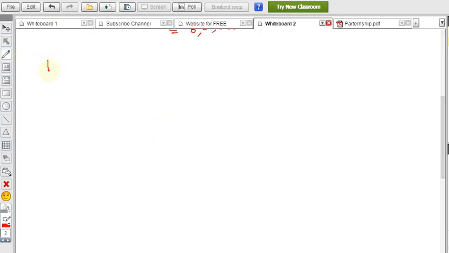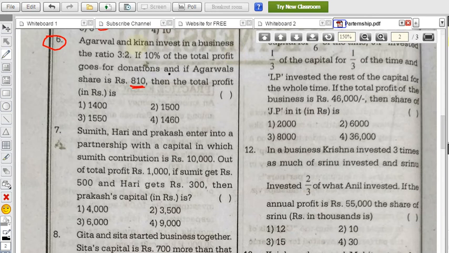So let the total profit be rupees 100. For easy cancellations, we can generally take 100. Then after paying the charity, they gave 10% of the total profit for donations, right?